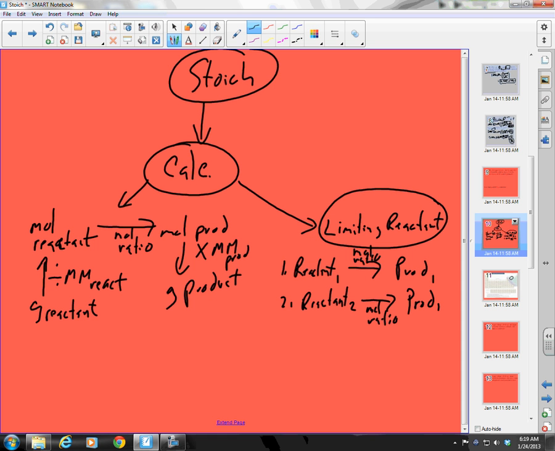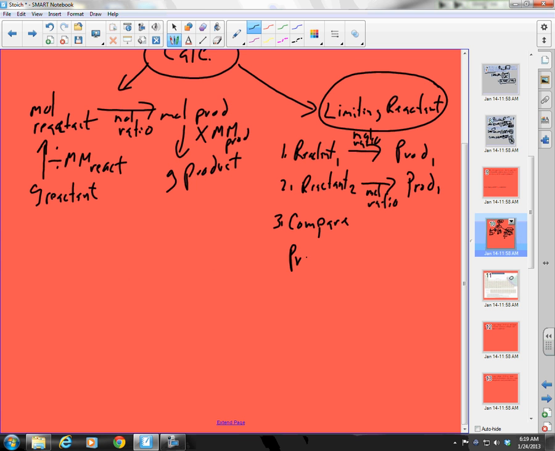And then we're going to compare the amounts of product 1 to product 2. And the limiting reagent produces the lesser amount of product.